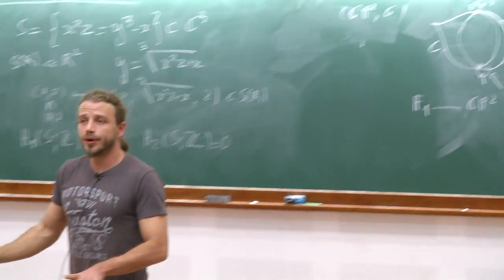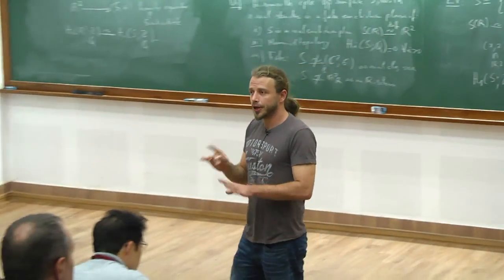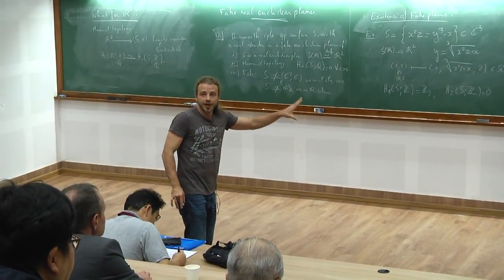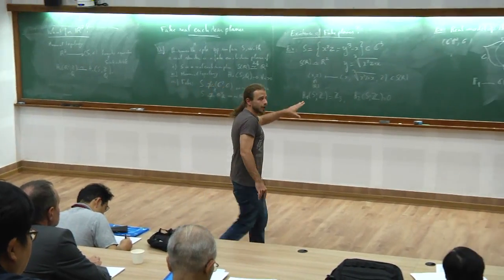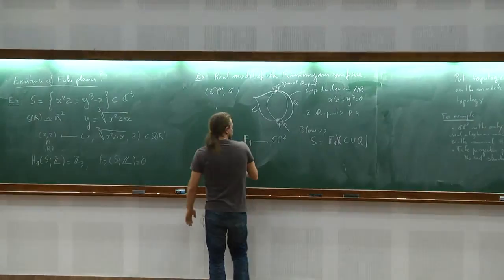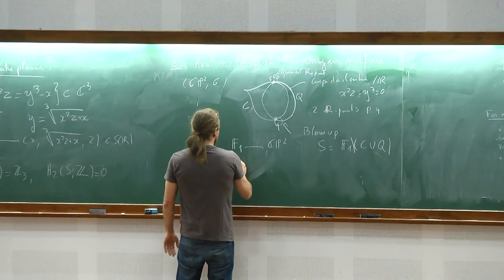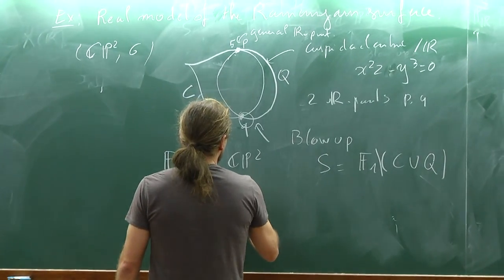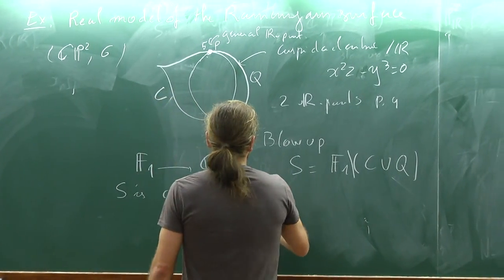C and Q were defined over R. I'm blowing up a real point, so everything is defined over R. So this S inherits the structure of a real algebraic variety. Actually, it's an affine one. And the statement here is that S is contractible of general type.